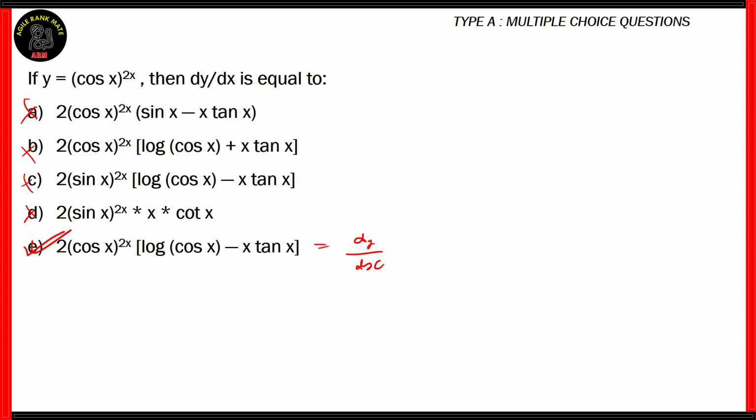We had to use the product rule, and a lot of standard differentiation results for trigonometric functions and other things. So option E, 2 cos x raised to 2x times log of cos x minus x tan x, is the right answer.